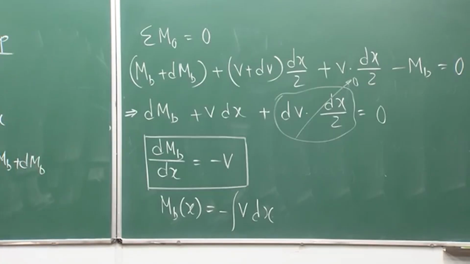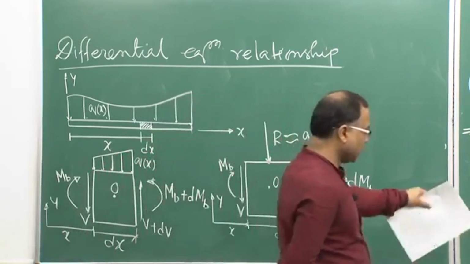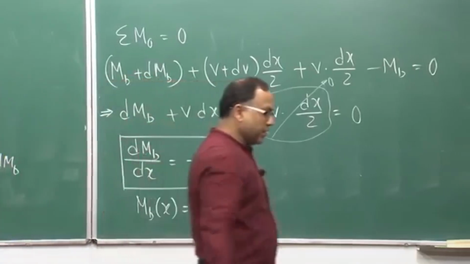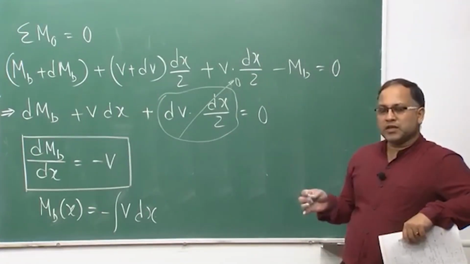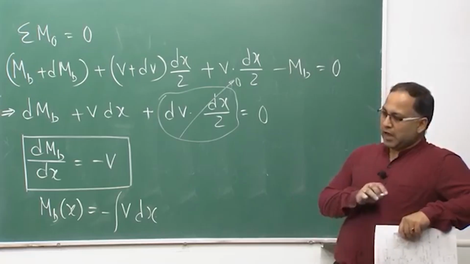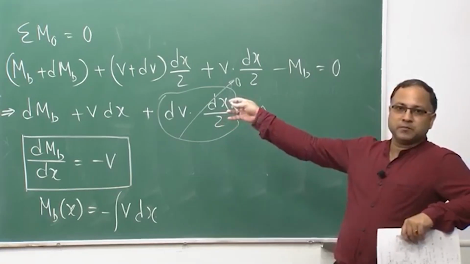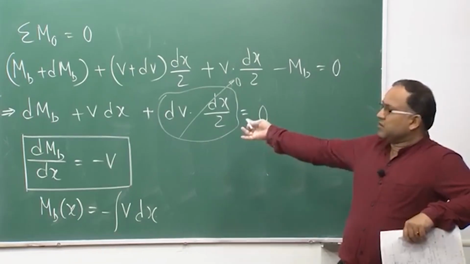That depends on the loading, if you consider the loading in the vertical downward direction. So the shear force will always be one order lower than the bending moment, and if you have the equation of the bending moment and differentiate it, you will get the shear force.